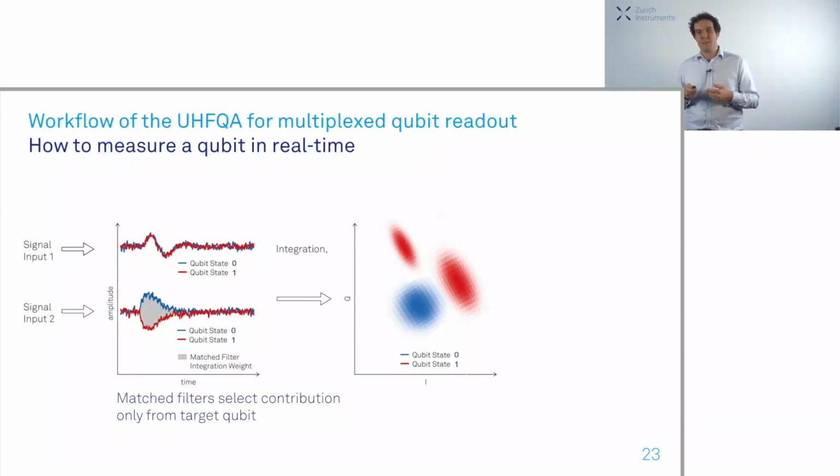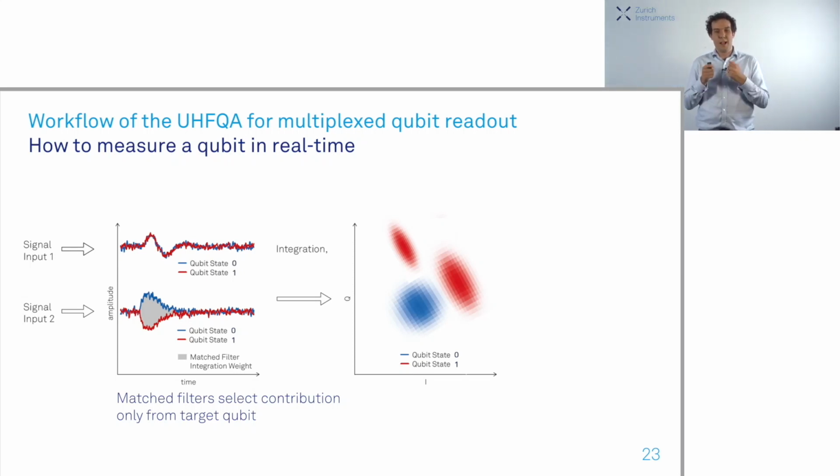Good. So how does this workflow go into the UHFQA? You start by digitizing the signal that consists of all the frequencies of your readout signals, and then this instrument applies a matched filter. This matched filter is essentially an integration with a weight which is matched to the response of the specific qubit that you would like to read out.